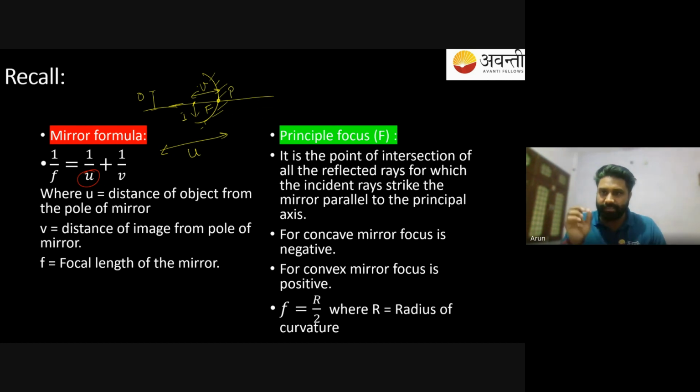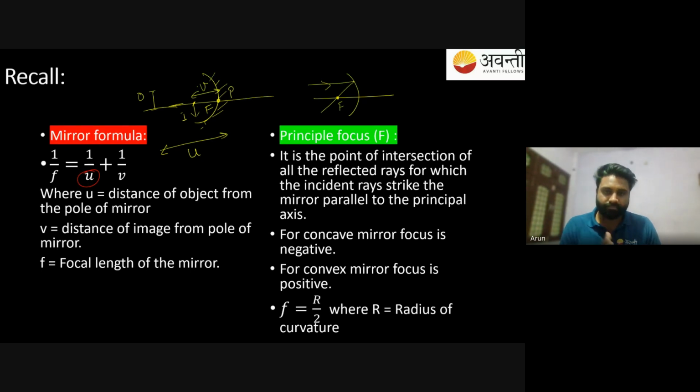Focus is nothing but a point of intersection. ठीक है. जहां पे जो इंसिडेंट रे पैरेलल टू दी प्रिंसिपल एक्सिस मूव कर रही है आफ्टर रिफ्लेक्शन, at what point they intersect the principal axis is termed as the focus. ठीक है. Like in this example, this is the incident ray coming in; after reflection, it cuts the principal axis at this point, so this is the focus of the mirror.